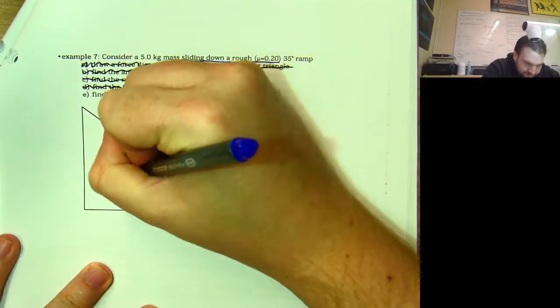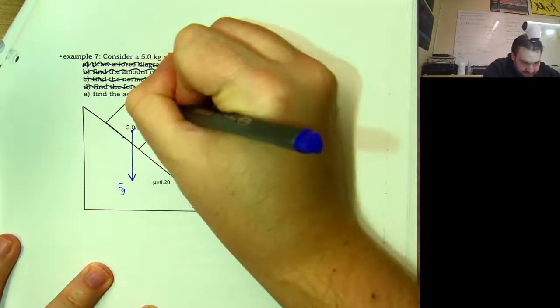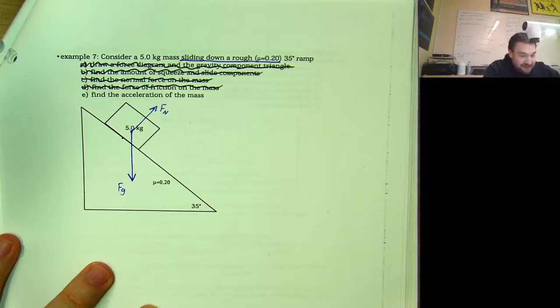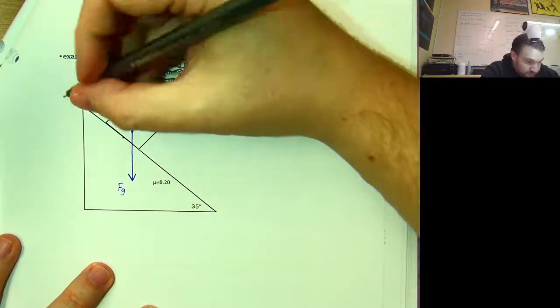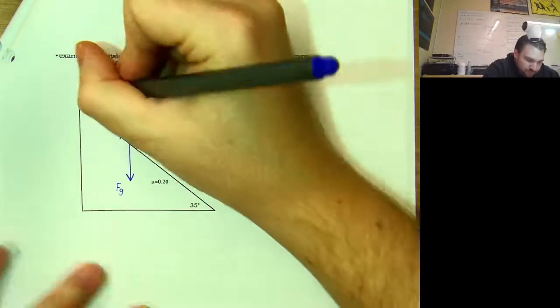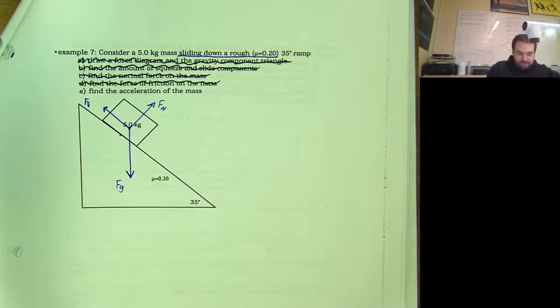From the approximate center of the object, I'm going to have Fg. I'm going to have Fn perpendicular to my surface. And now we're told this object is sliding down the ramp. Friction opposes motion. Force of friction goes up that way. There's my free body diagram.